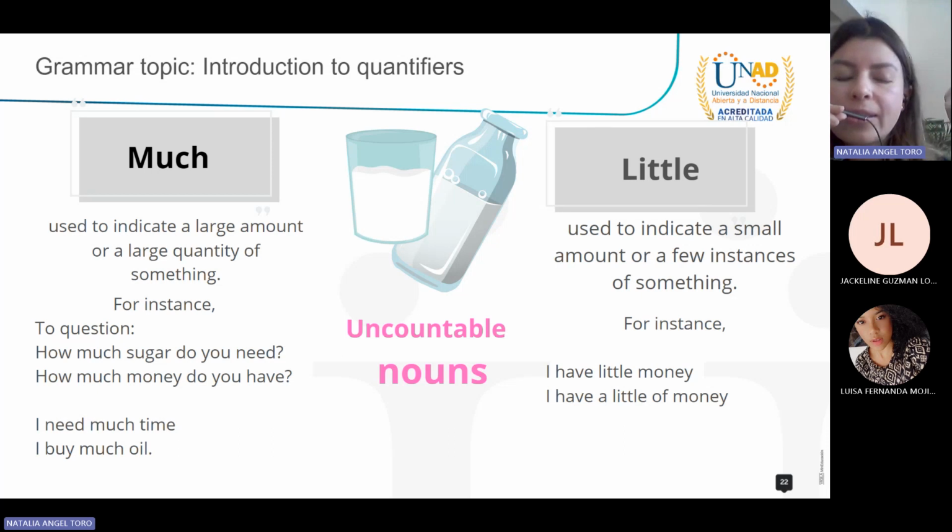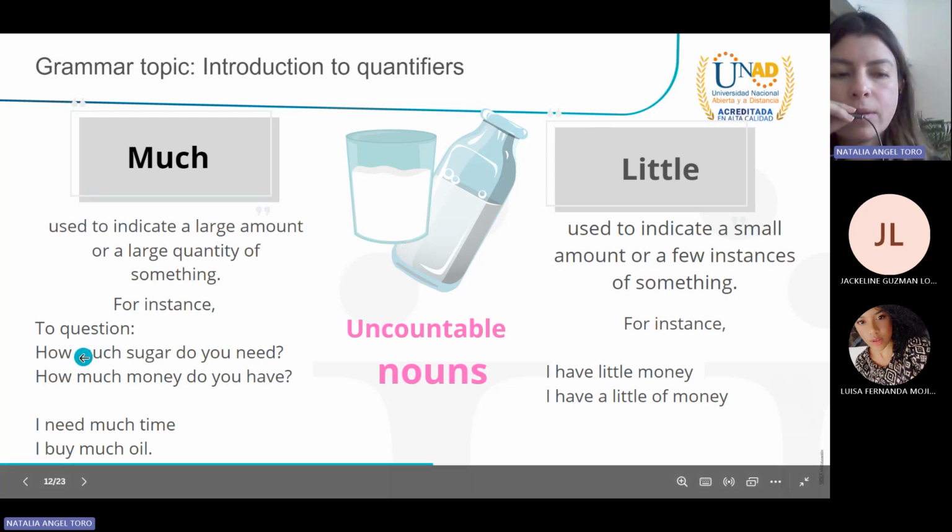Jesus, could you give us another example to use much in a question? The idea is to give your mates and me another, different example using much in a question sentence, like these ones.